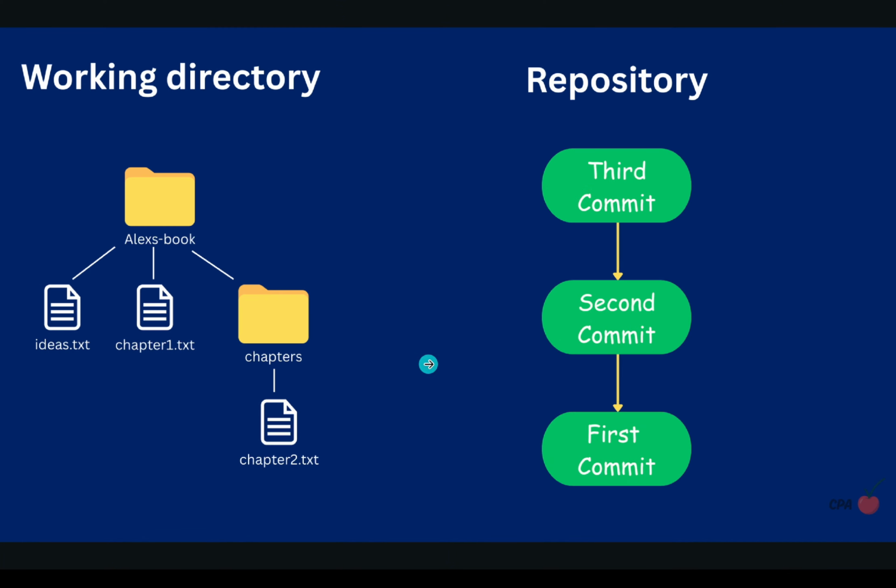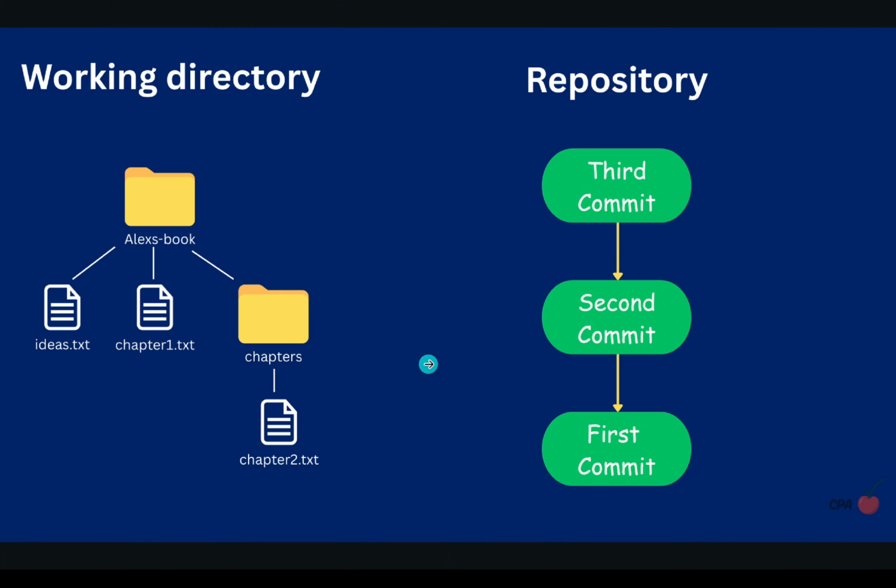So tree, just to remind you, is basically a mapping that maps the file names. So for example, chapter 1 to its version, to its hash ID, ideas to its version, and chapters, which itself is a subfolder and it has its own hash ID. So chapters is of type tree.